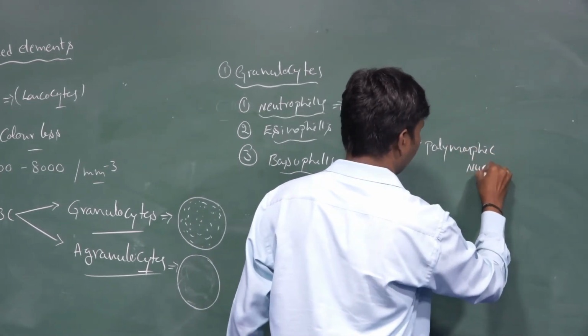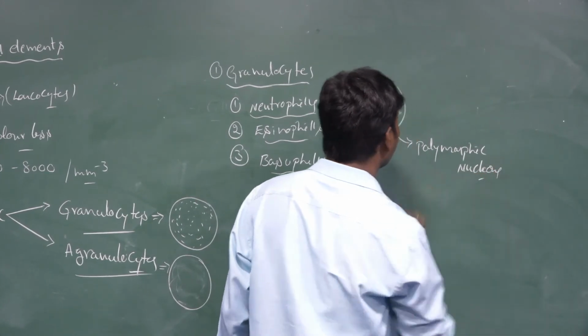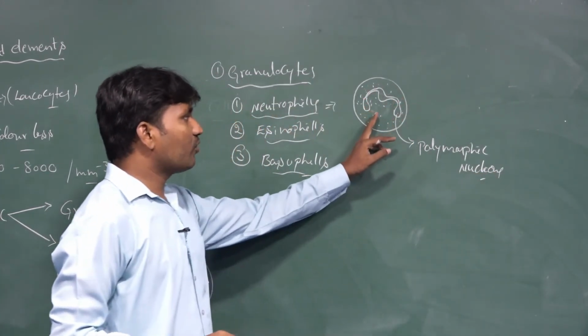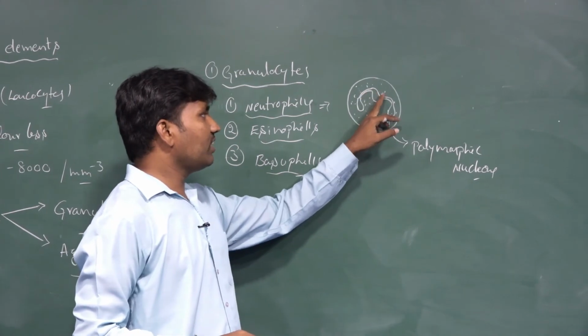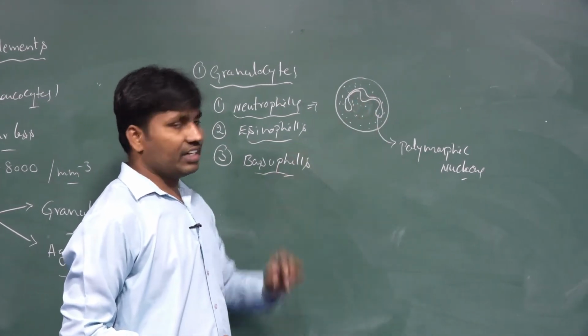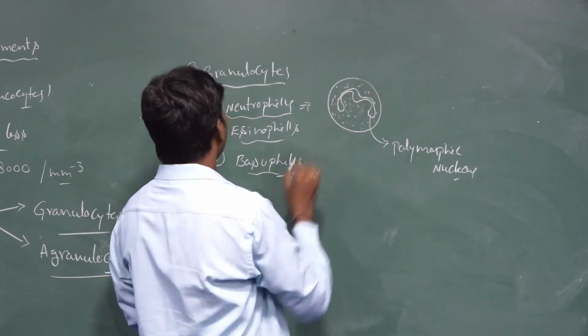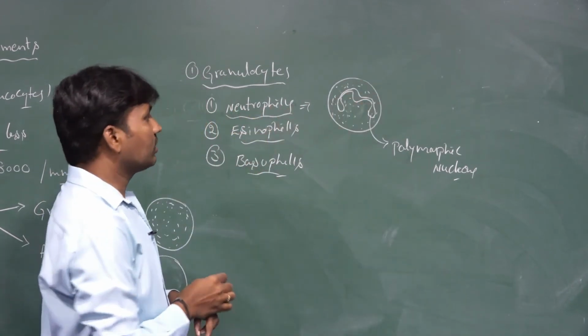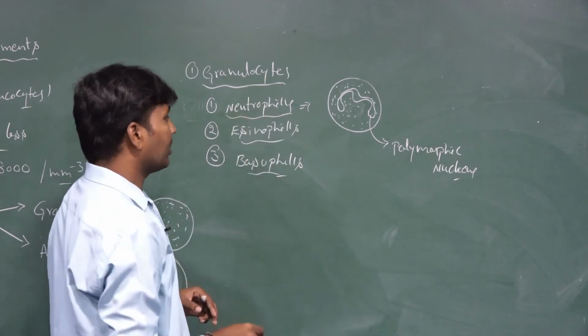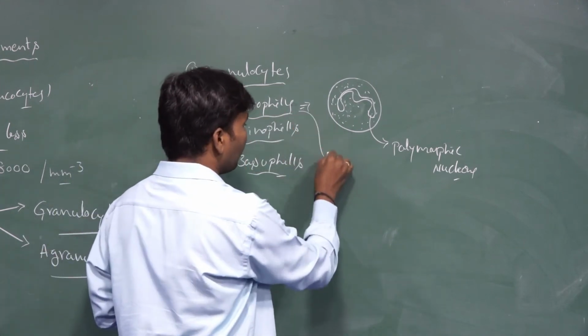Polymorphic nucleus means so many lobes are present with thin connectivity, and the specific granules are present. So these are called neutrophils.